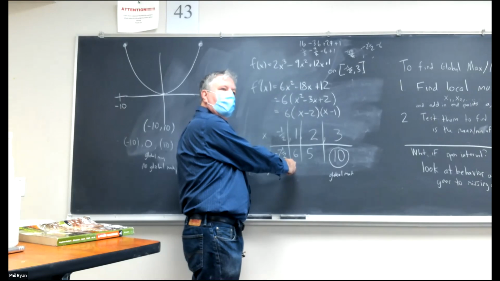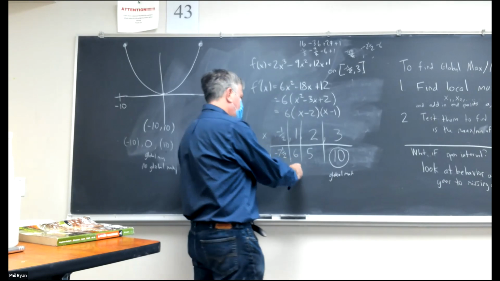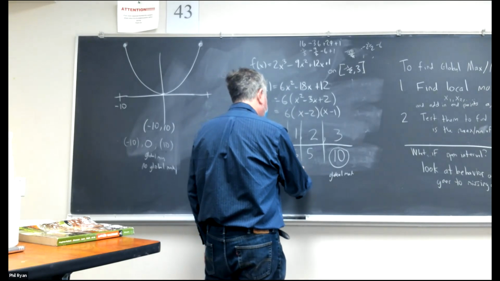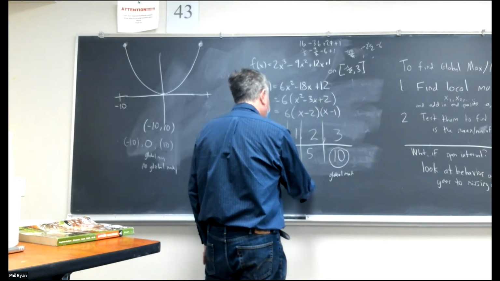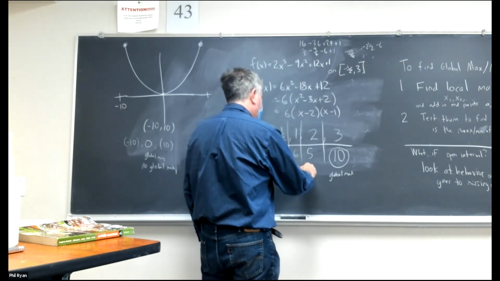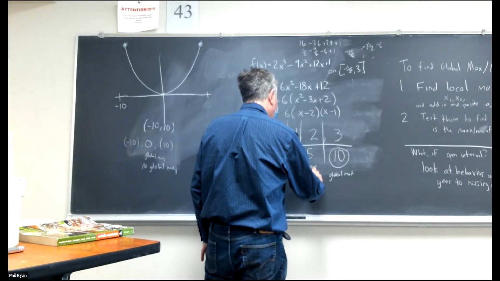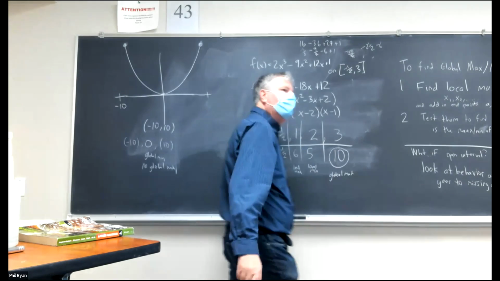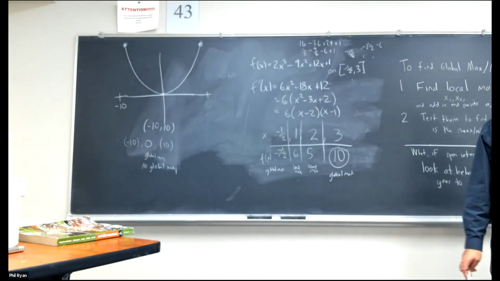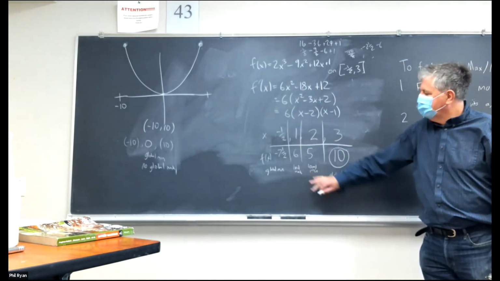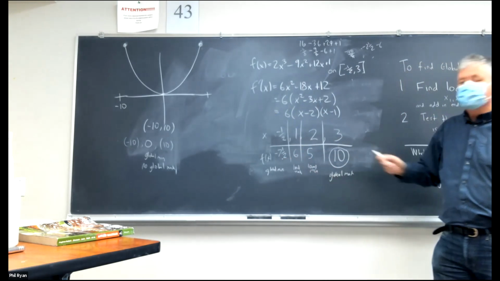What is this point here? It's a local max, right? Because it goes up and then down. And then this goes down and then goes up. This is a local min. But typically, I'm not asking about this. We're just interested in these two values.